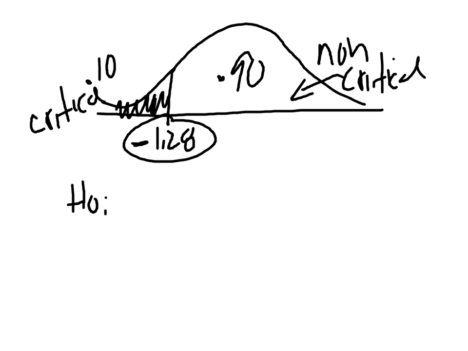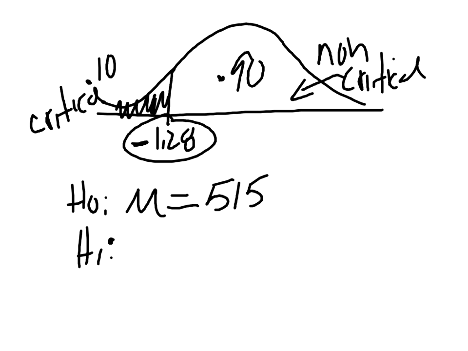Anyway, the null hypothesis would be that the mean is 515, unchanged, and the alternative hypothesis would be that her students scored less than 515. And that's what she's checking, and it just so happens that in this case that would be the claim.